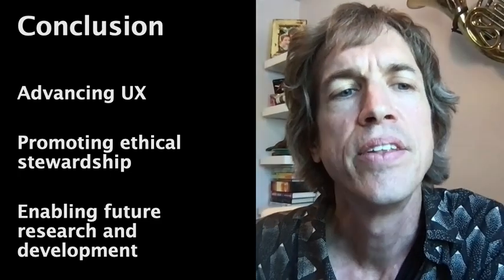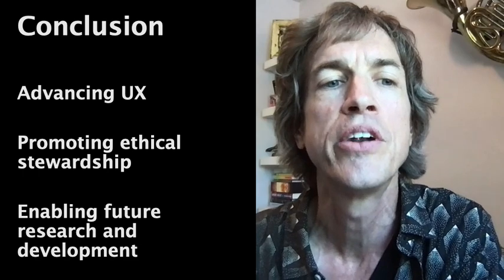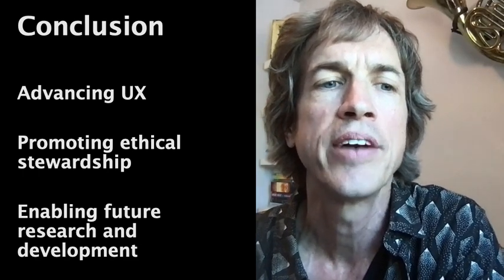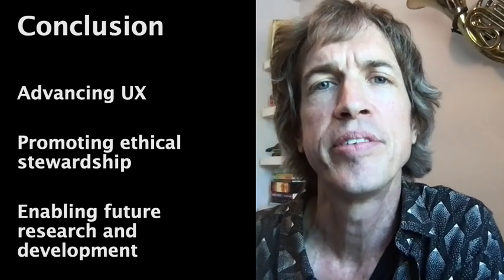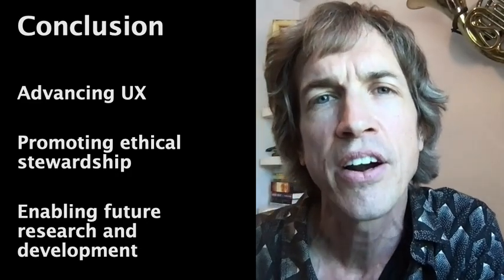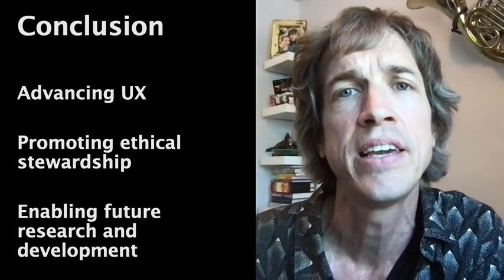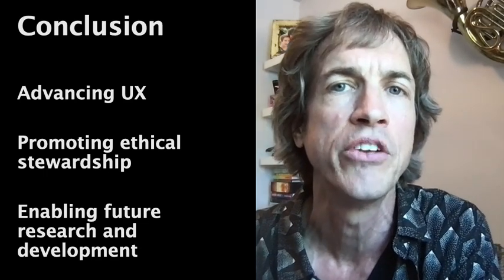So we're advancing UX, we're promoting ethical stewardship along the way, and ideally we are making possible future research and development that also keeps in context the important sensitivity, the inclusive tone, and the archival language.